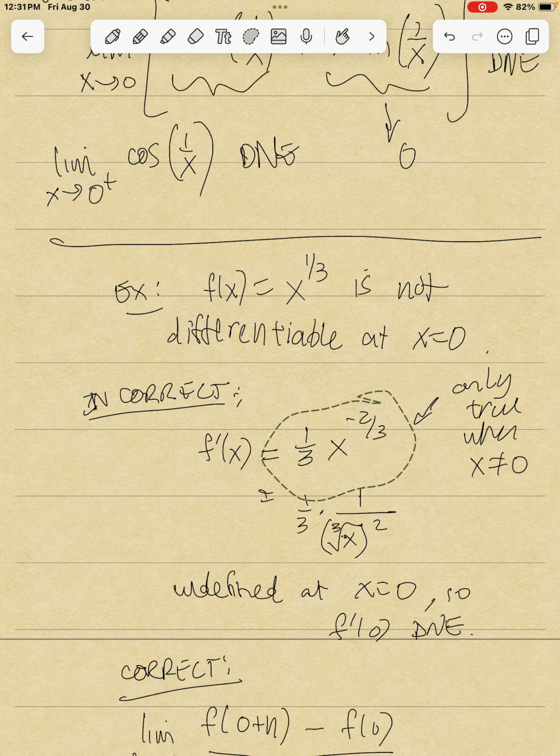And where are you assuming that? You have to go back to the power rule. If you look at how this rule is proven, when you have a fractional exponent, you're assuming that x is not 0.